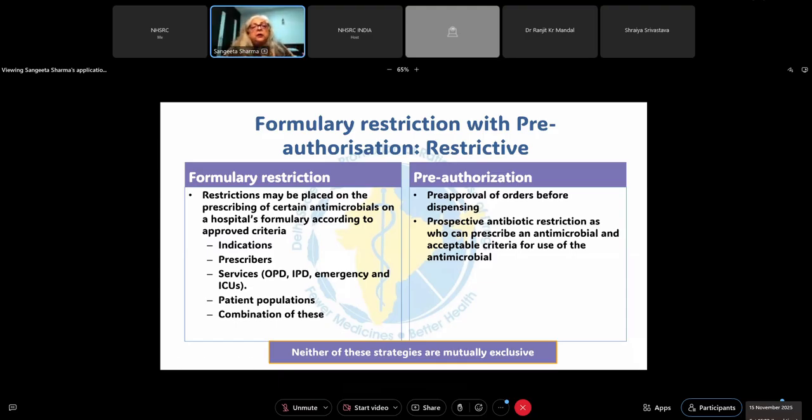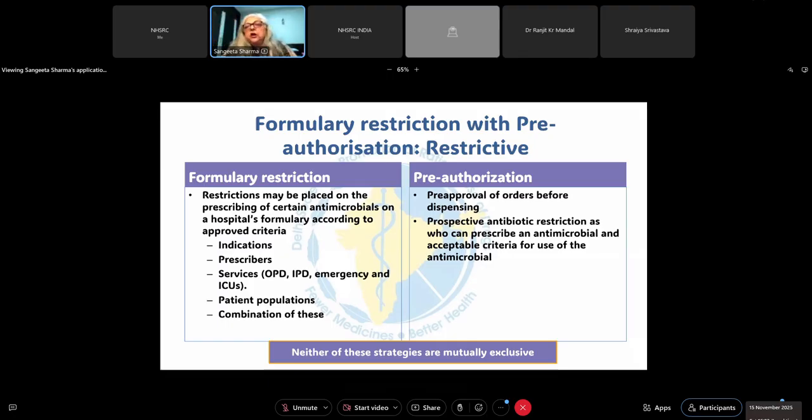Now, when this is combined with pre-authorization, it serves a very good purpose. Pre-authorization means pre-approval of orders before dispensing. Sometimes in some hospitals, for broad spectrum drugs like piperacillin, imipenem, carbapenems, the consultant or the senior doctor has to write for it.